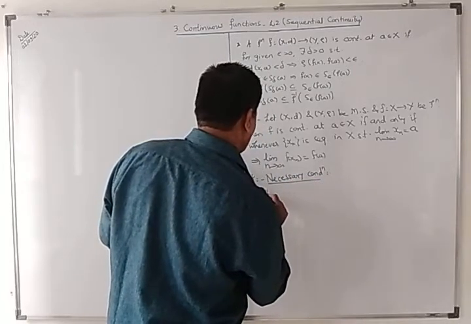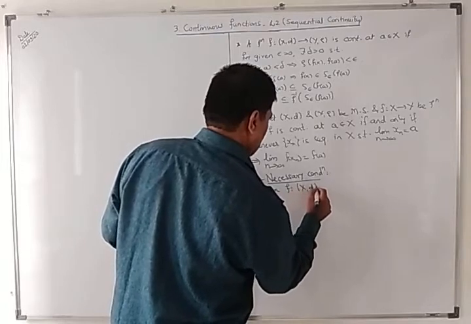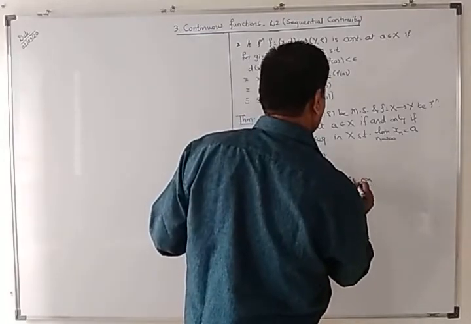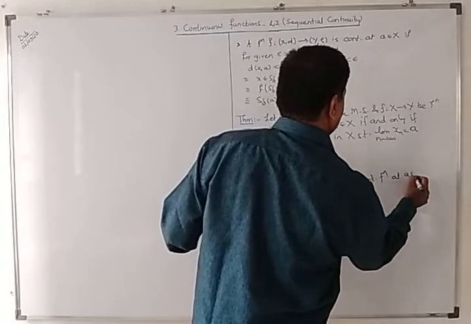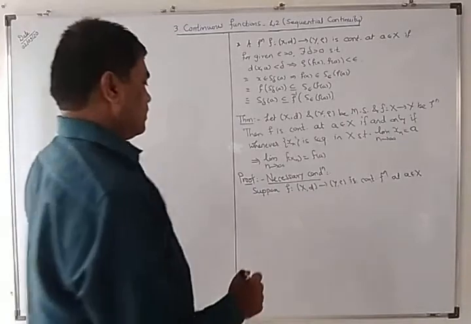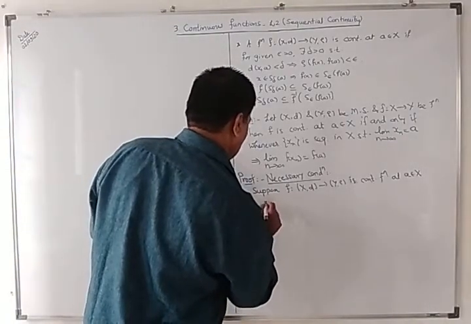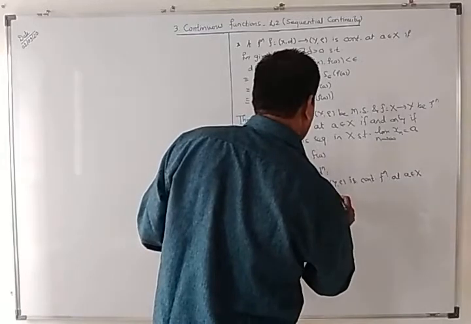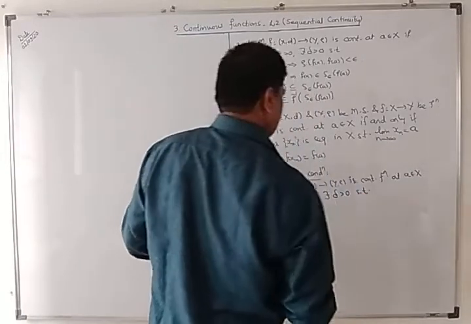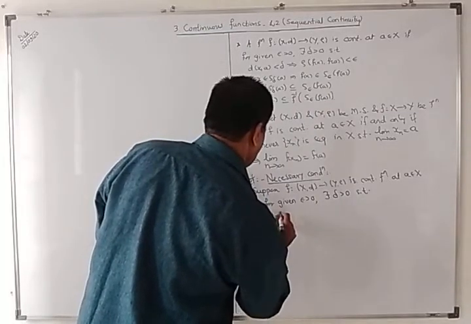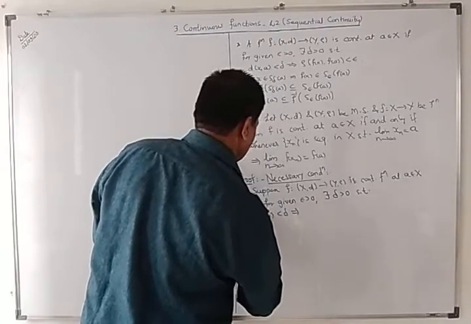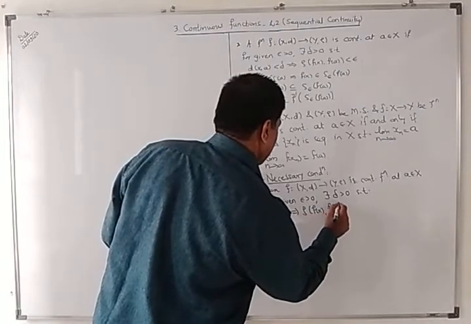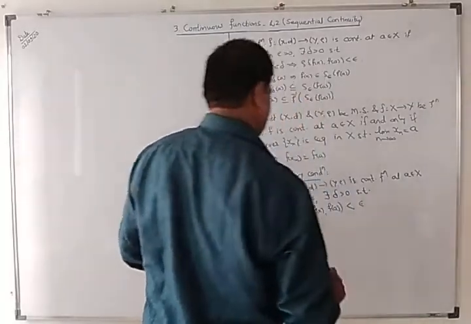Suppose f from (X, d) to (Y, rho) is continuous at a belongs to X. This implies that for given epsilon greater than 0, there exists some delta greater than 0 such that d(x, a) less than delta implies rho(f(x), f(a)) less than epsilon. This is one.